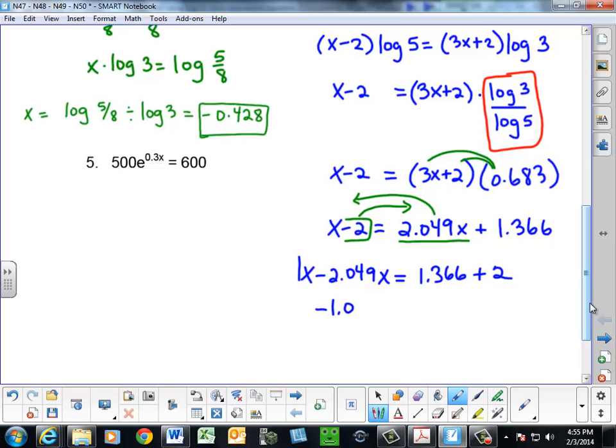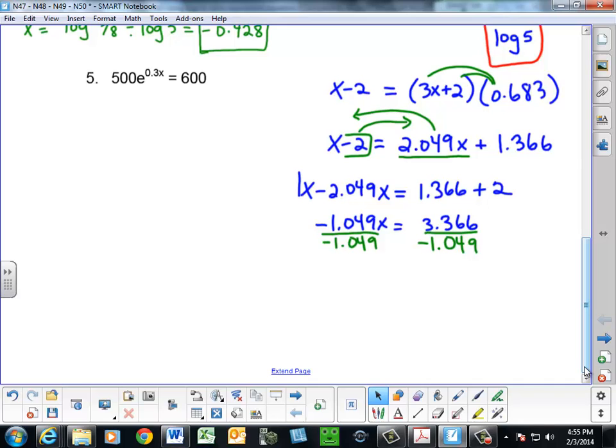That leaves us with negative 1.049x equal to 3.366. And the final step is going to be to divide by negative 1.049 on both sides. So that'll leave us with x. And the final answer there is negative 3.209.